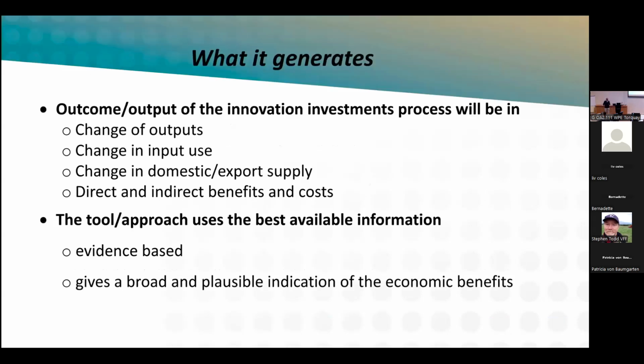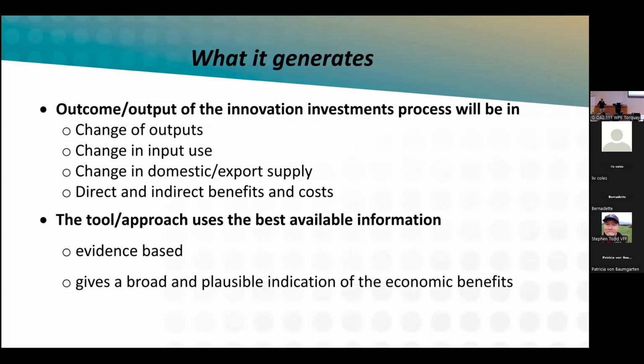So what does it generate, this tool? A couple of things here. One is it looks at the outcomes or the outputs of the innovation process. It could be change in outputs, it could be change in input use, or the domestic supply. Are we going to see an increase in domestic supply or a drop in domestic supply as a result, depending on the international market conditions and the market orientation?